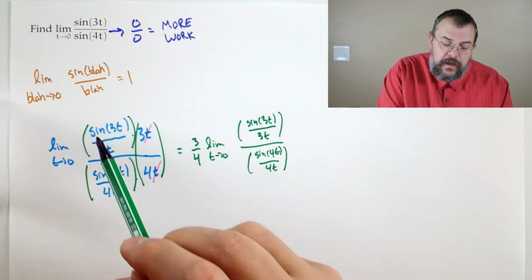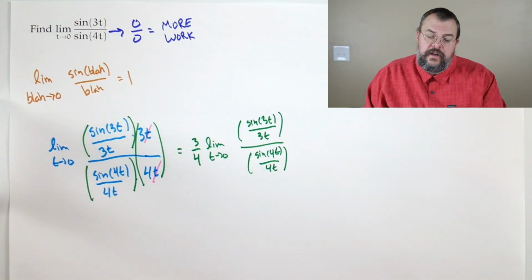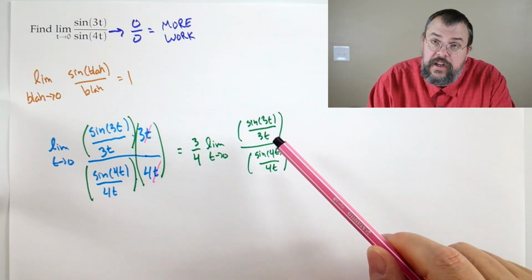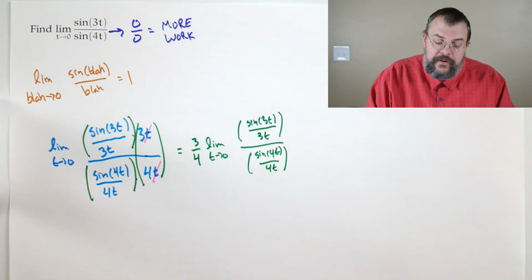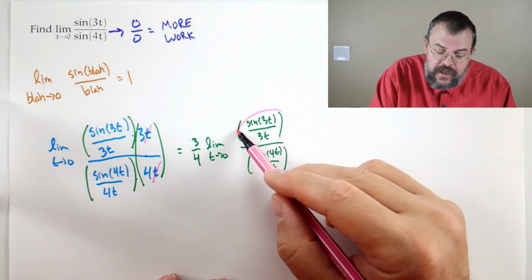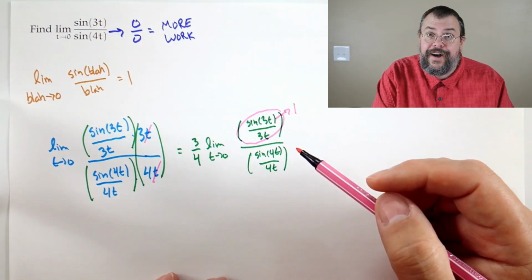Now, we pull out our rule, and we say, the upstairs, because the inside part, 3 times t, goes to 0, and therefore sine of 3t over 3t goes to 1, because it's sine of blah over blah.